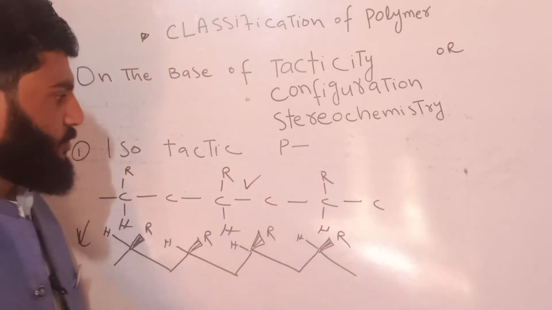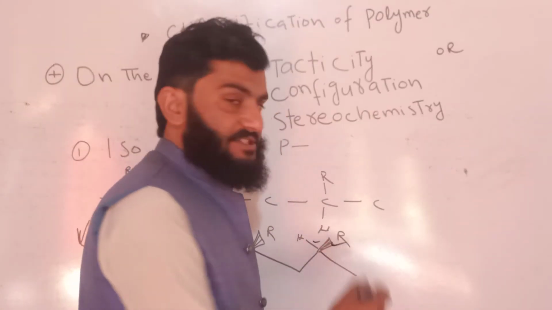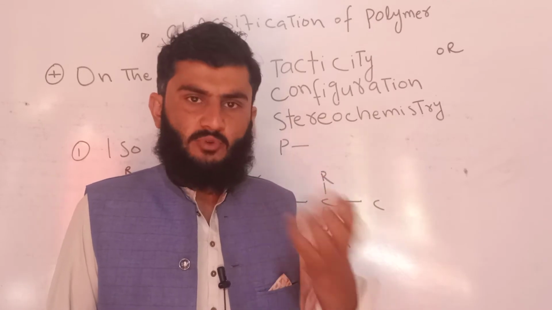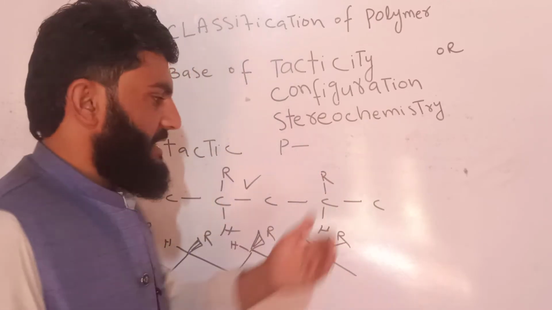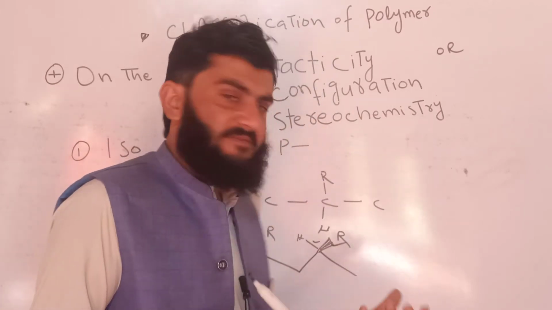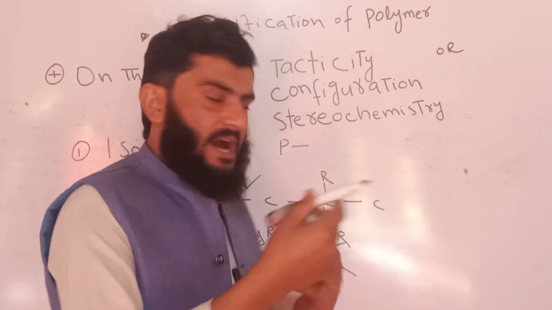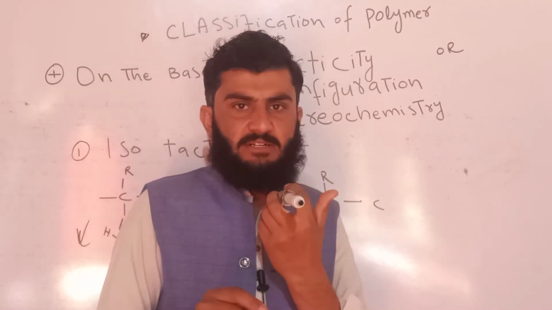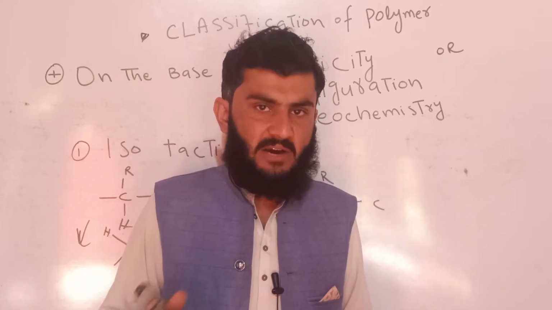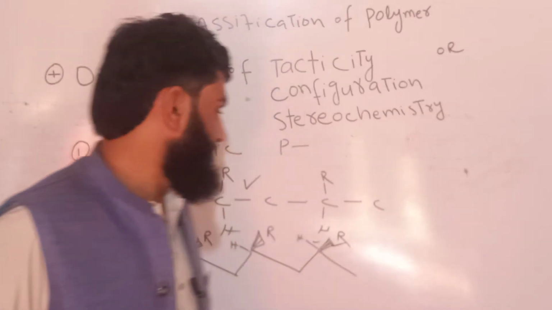So wedges and dashes show the bond direction. For example, this is a central carbon, this wedge shows the bond is toward me, and the dash shows the bond is away from me. This is the basis of configuration. Inshallah we will discuss it in another lecture in organic chemistry.